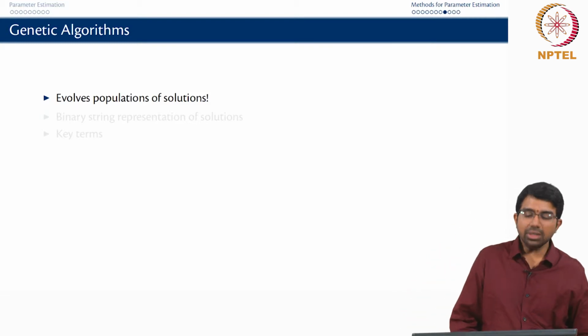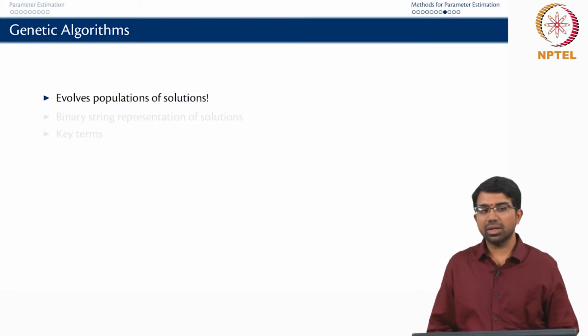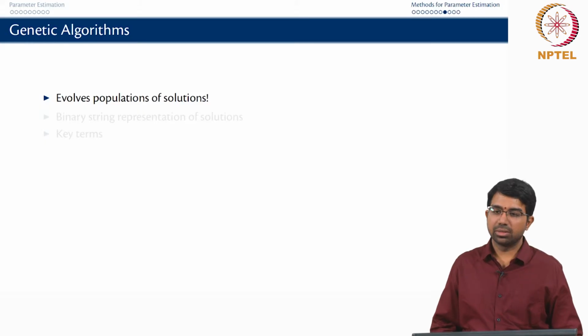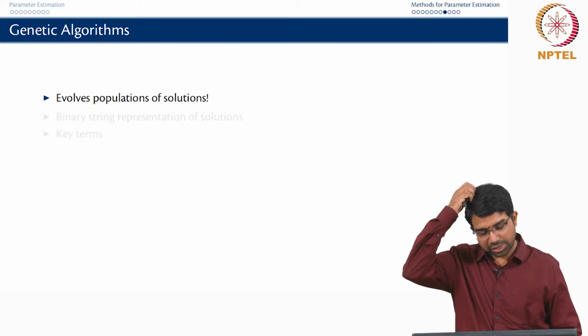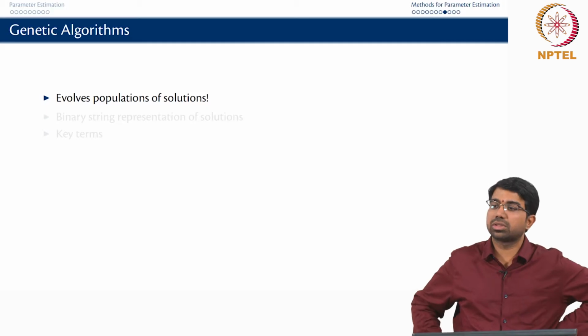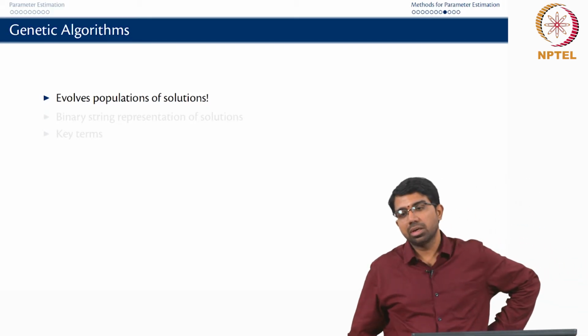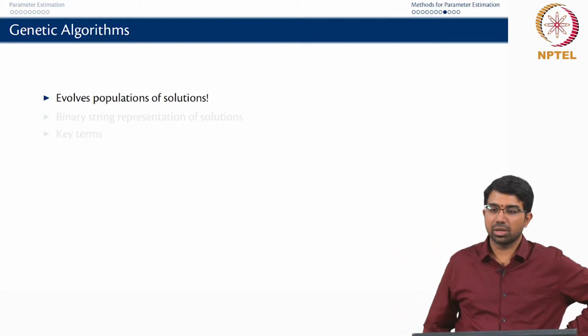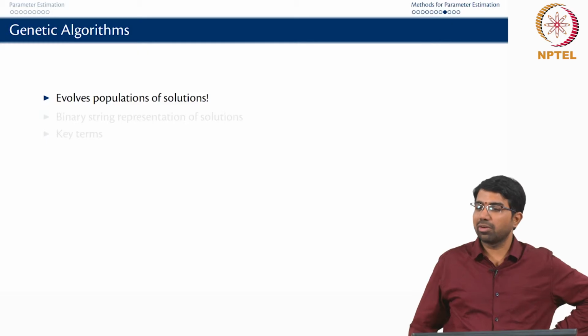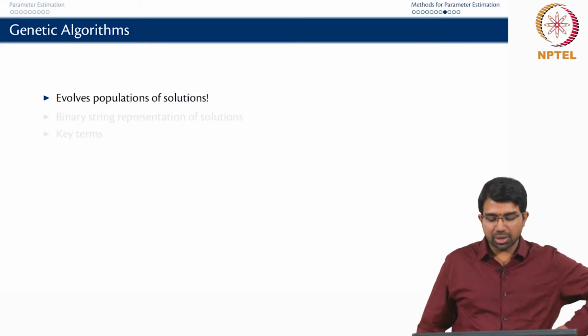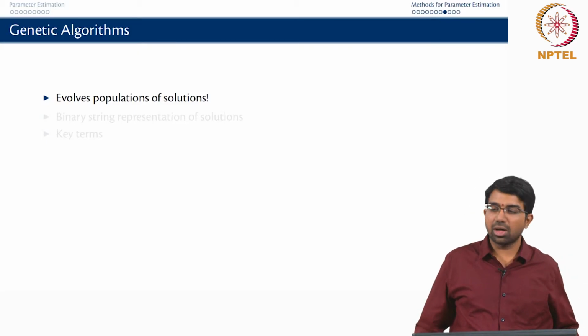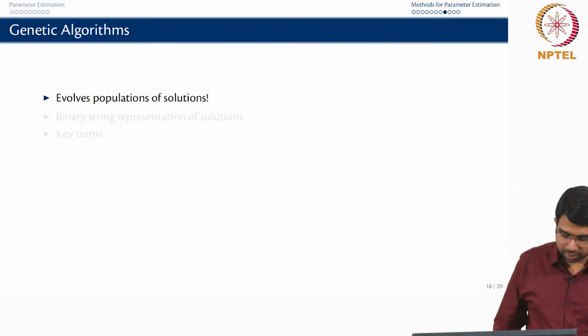So then let us look at genetic algorithms, which is again a very popular direct search algorithm, which is extensively used in parameter estimation. If you see, most biology papers will report parameter estimation using a genetic algorithm, and in genetic algorithms you have a few flavors. So genetic algorithms are all broadly part of evolutionary algorithms.